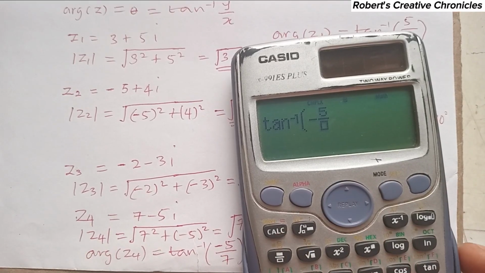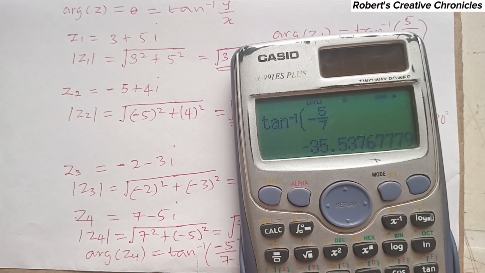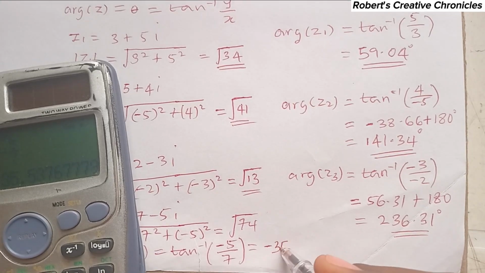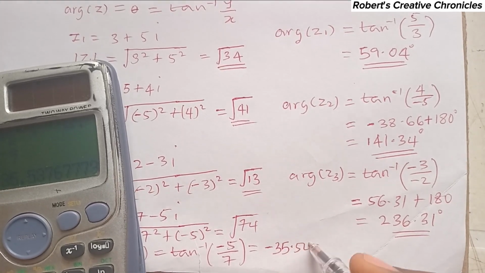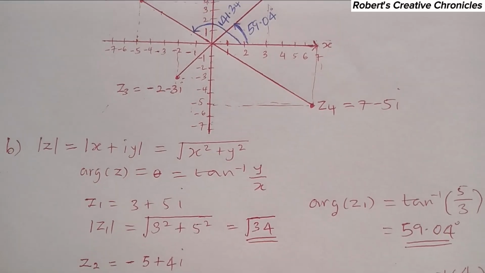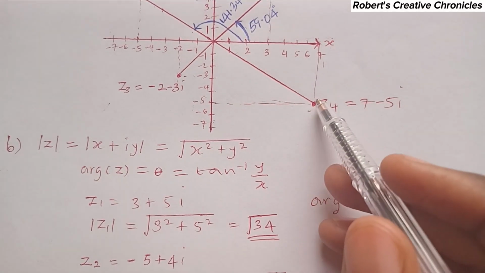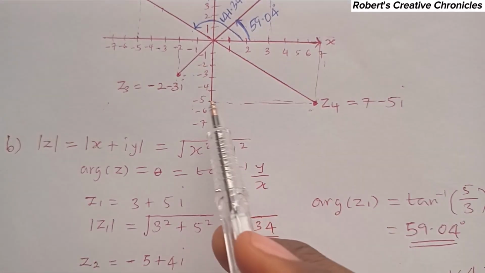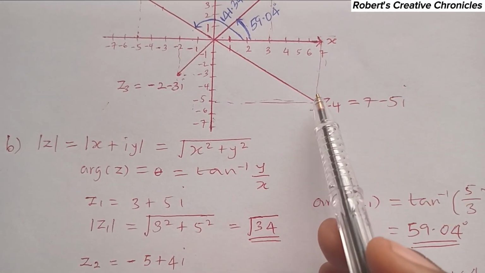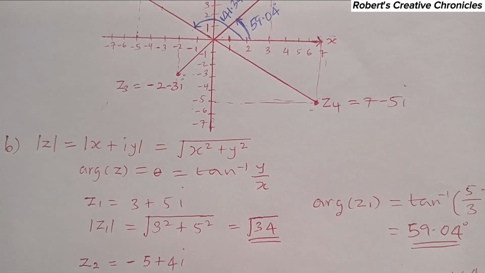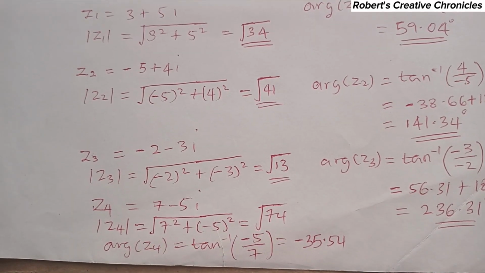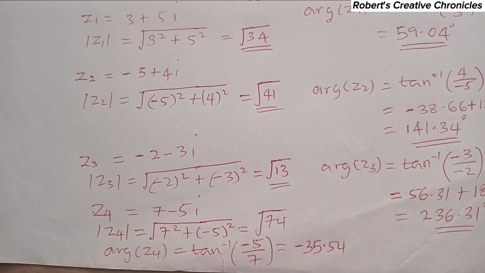Tan inverse of negative 5 over 7 is minus 35.54, approximately. Now from the diagram, you can see that Z4 is in the fourth quadrant. That means it will be greater than 270 but less than 360. Therefore, we'll add 360 to it. Since it's negative, it will reduce, so it will be between 270 and 360.